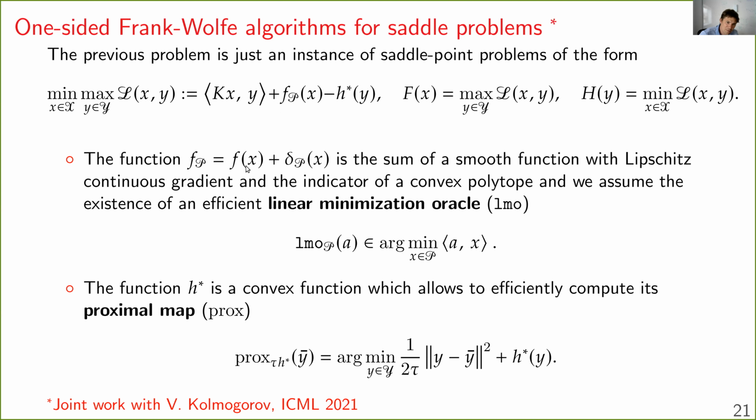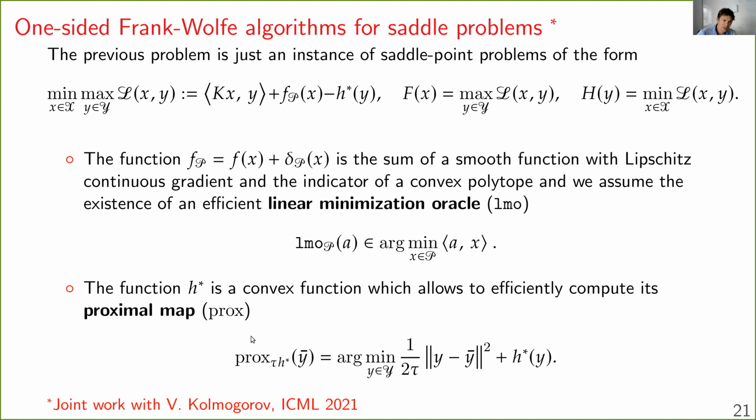First of all, the function f_P is the sum of a function f of x that has a Lipschitz continuous gradient, plus the indicator function of a convex polytope, delta_P of x. And as I have mentioned before, we assume the existence of a linear minimization oracle that can efficiently solve this problem here, so minimizing this linear function over this convex polytope.